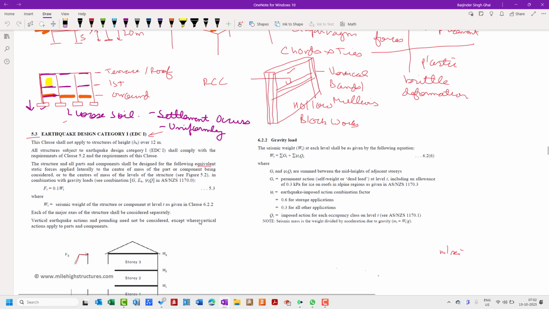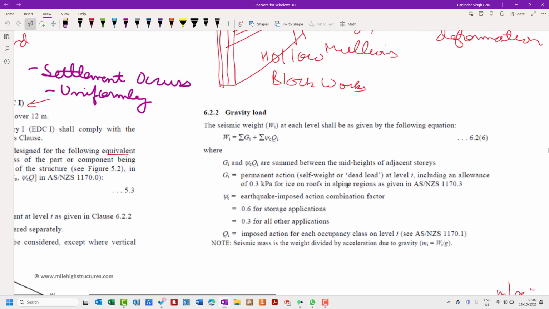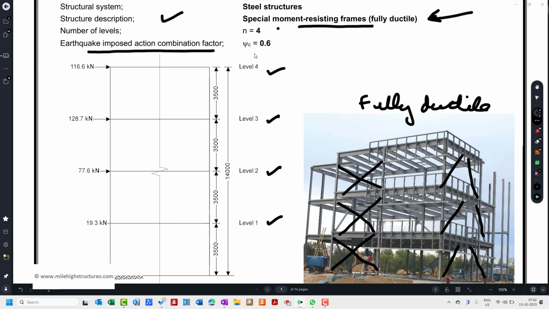This is the clause that I am discussing here. You can see that the earthquake imposed action combination factor is 0.6 for storage applications and 0.3 for other applications. Assuming it is for storage, we can take it as 0.6. So it is also clear that chi c can be taken as 0.6.